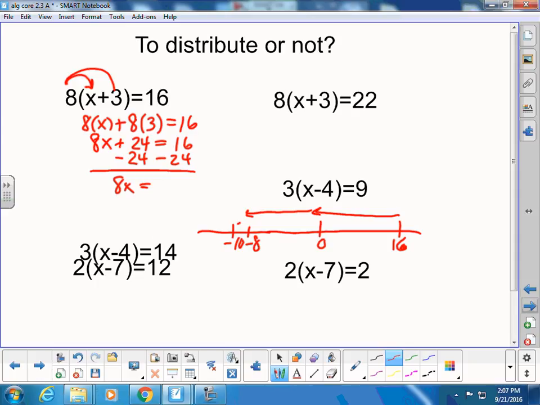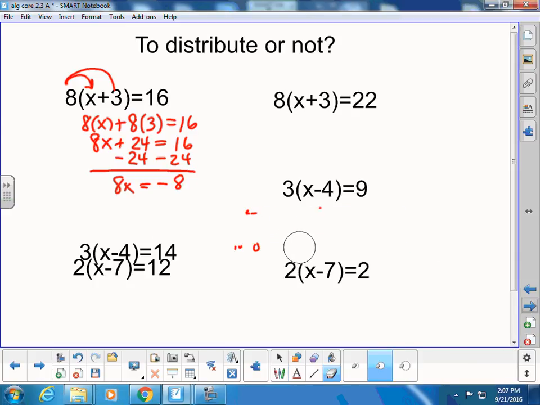So that would be 16, subtract 24, and you're going to get negative 8. Now I'm still not quite done because I have to get x by itself, so I would divide both sides by 8 now. And so we would have x equals negative 1.